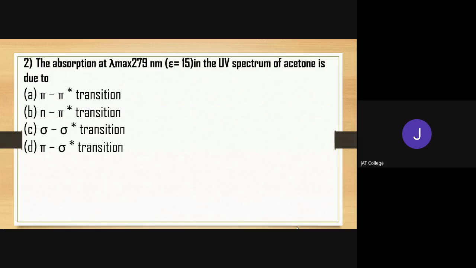The absorption at lambda max 279 nanometer in the UV spectrum of acetone is due to. In acetone, there is a carbonyl group, and this carbonyl group can show pi to pi star transition as well as n to pi star transition. Both are possible in acetone.